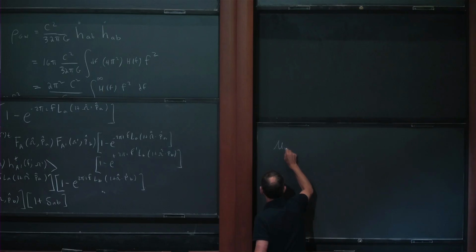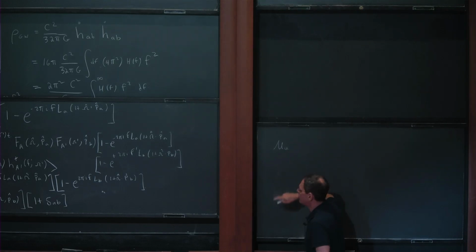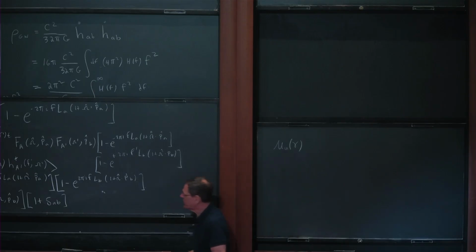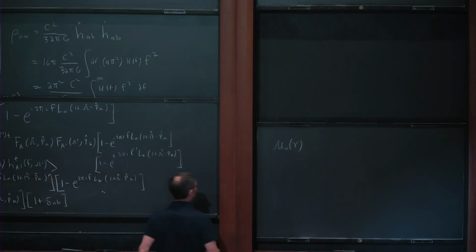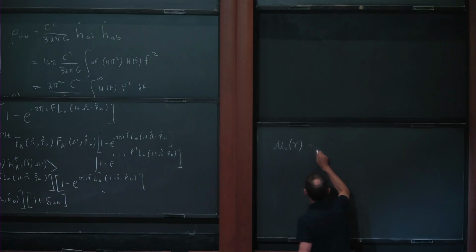I'm going to call that integral mu. That means mean. U means unpolarized. And you notice that this integral depends upon the direction to two pulsars, p hat A and p hat B. It might not surprise you to learn that this integral, once you've integrated over all the directions on the sphere, actually only depends upon the angle between the two pulsars. And so I'm going to call that gamma. And by convention, this goes back to Hellings and Downs in the 1980s.